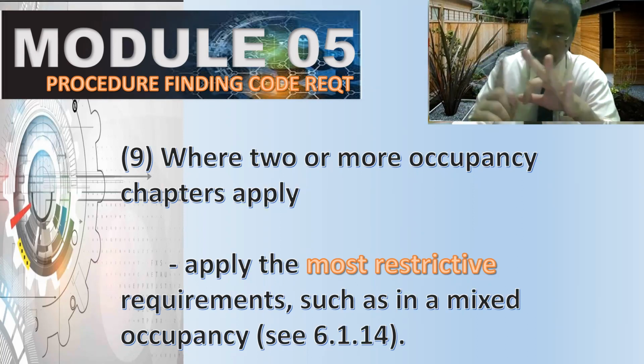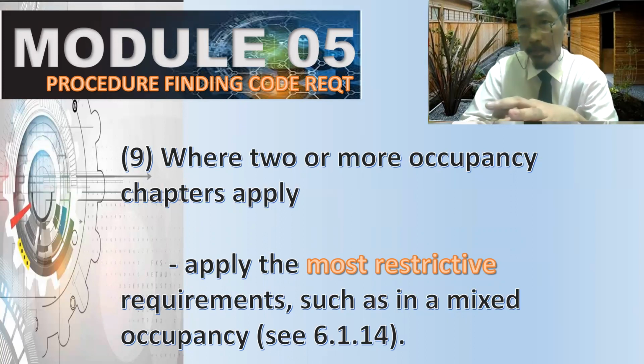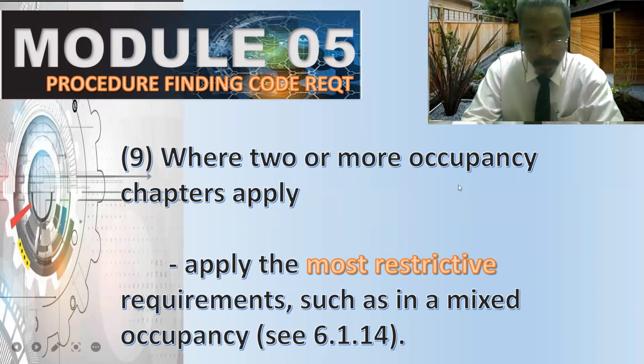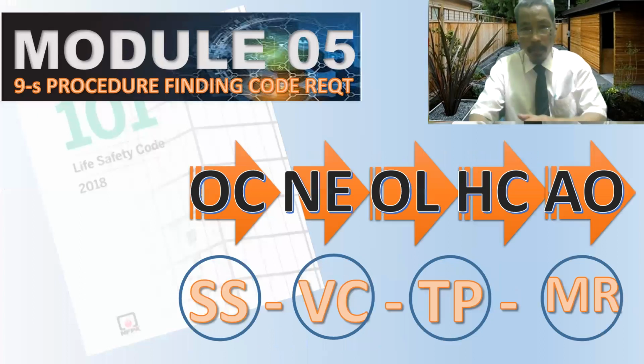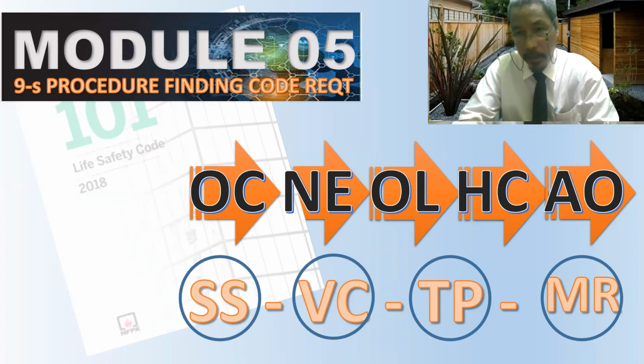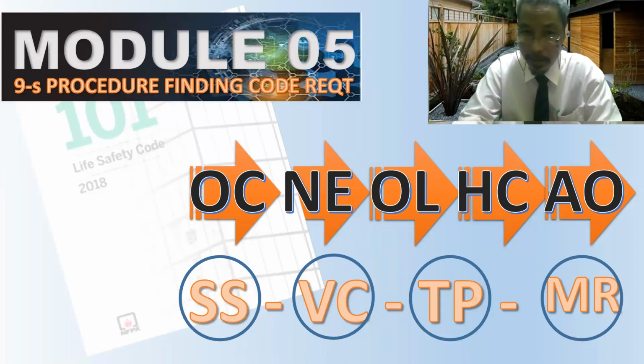So you have to satisfy this one, and in doing so, we already satisfy all of them. Do not choose the least restrictive, and do not choose the average. Use the most restrictive one. And because of this, I gave an acronym for the 9-step procedure in finding the code requirement for our own application.